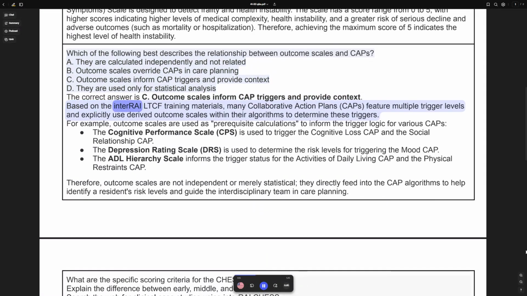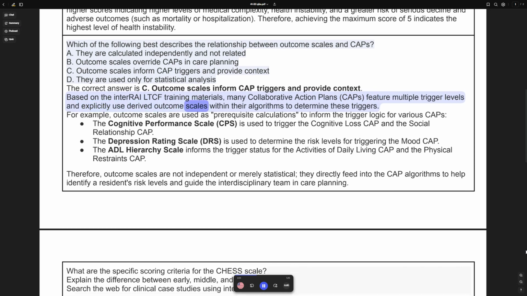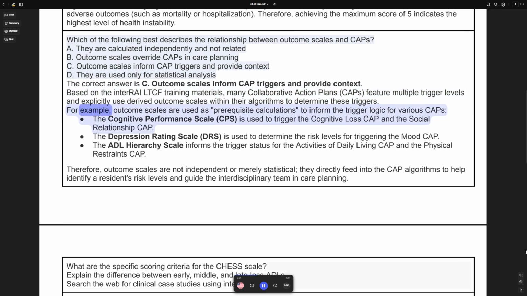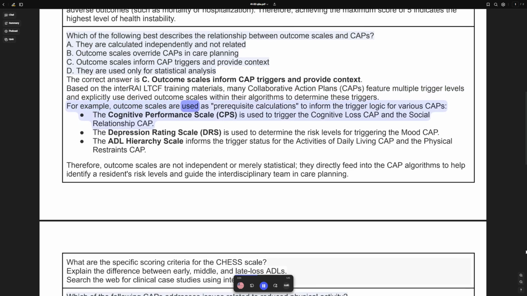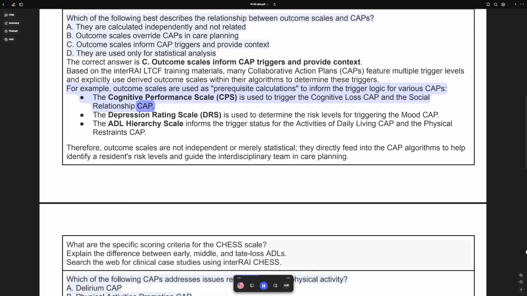Based on the interRAI LTCF training materials, many collaborative action plans, CAPs, feature multiple trigger levels and explicitly use derived outcome scales within their algorithms to determine these triggers. For example, outcome scales are used as prerequisite calculations to inform the trigger logic for various CAPs. The Cognitive Performance Scale, CPS, is used to trigger the cognitive loss CAP and the social relationship CAP.